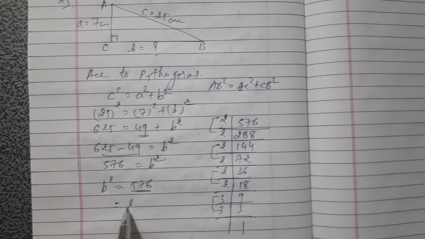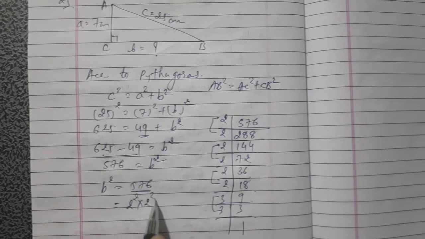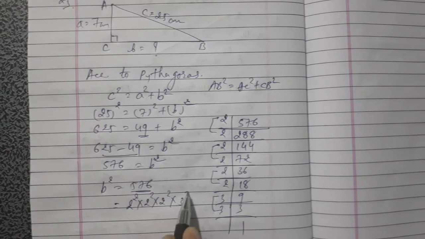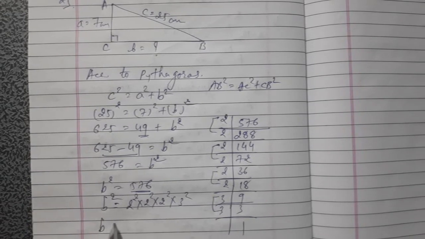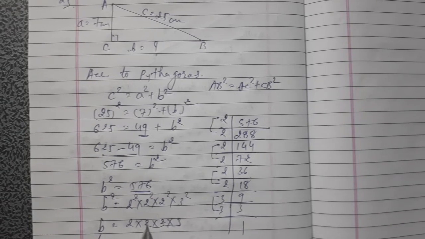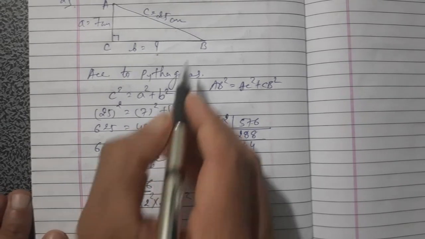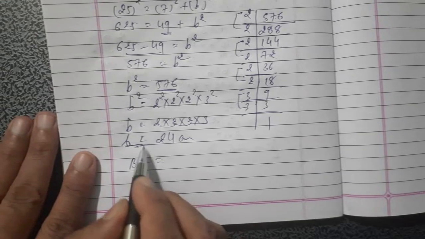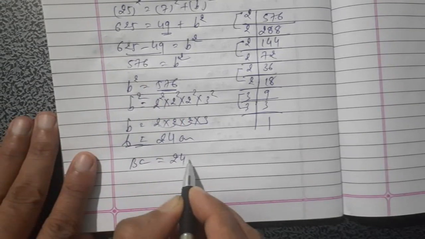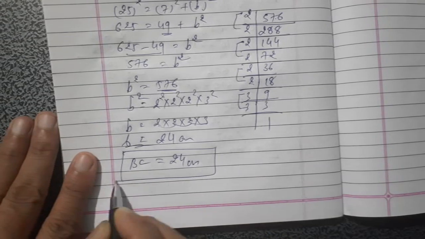So they are 2 square, 2 square, 2 square and 3 square, that is B square. Now remove the square on both sides. So B equal to 2 into 2 into 2 into 3. So 3 twos are 6, 6 twos are 12 and 12 twos are 24. That is 24 centimeter. B means BC, so BC equal to 24 centimeter. That's your answer.